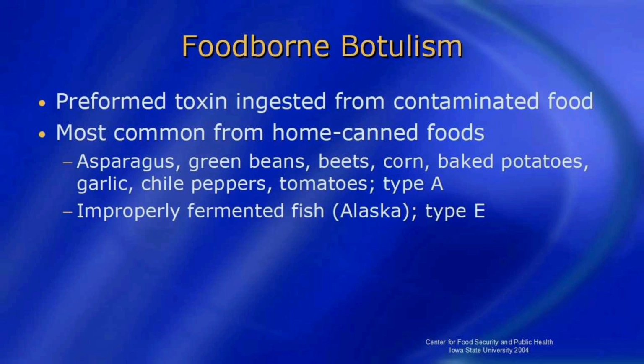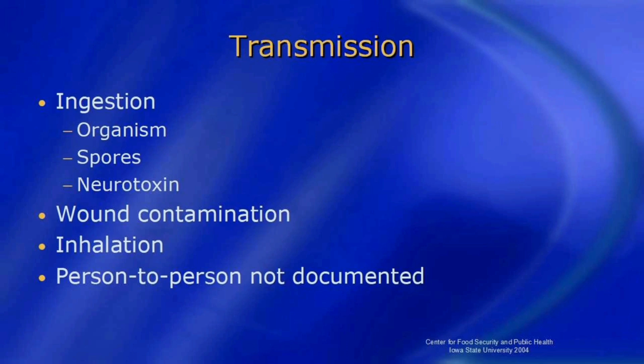The most commonly isolated neurotoxin is type A for canned foods and type E for improperly fermented fish products.